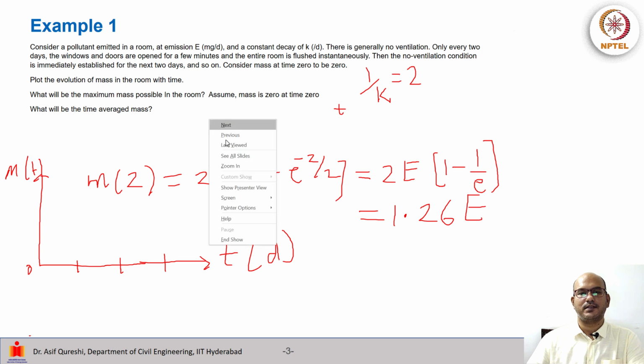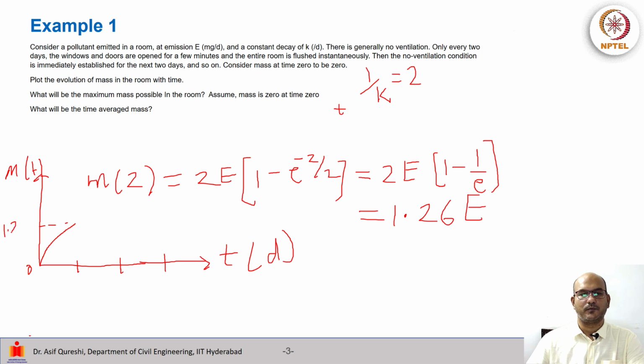The evolution is exponential until 2 days, and the mass will reach 1.26 E, and then there is instantaneous flushing.